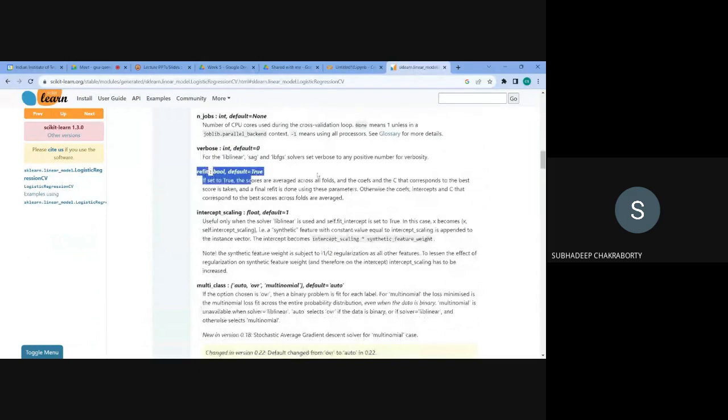I think that's true. Scores are averaged across all folds, and the coefficient and the C that correspond to the best score are taken, and the final refit is done using these parameters. So whatever parameters we got using this hyperparameter tuning or CV, we take those parameters and refit the model again as the last final model.